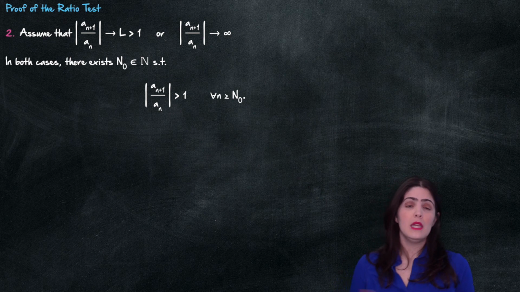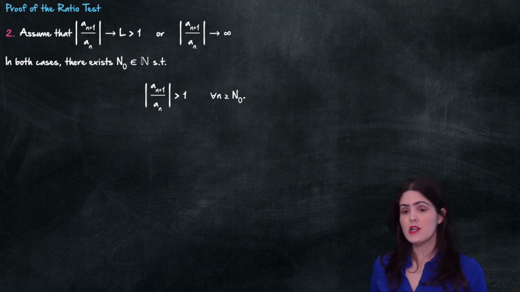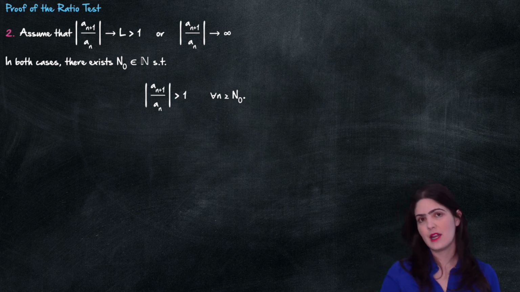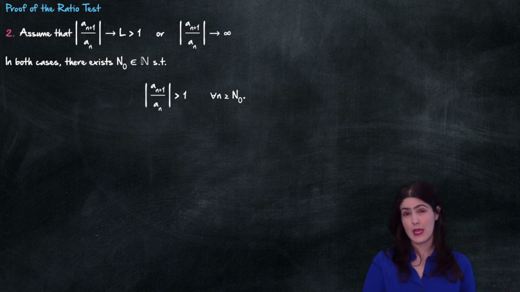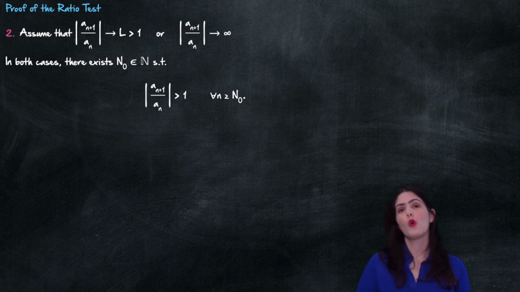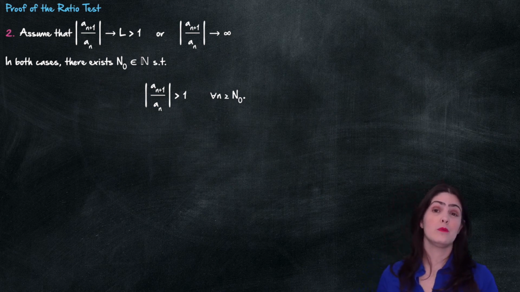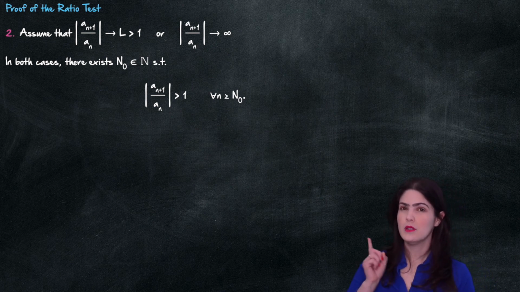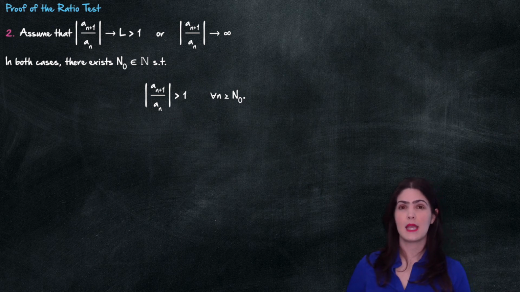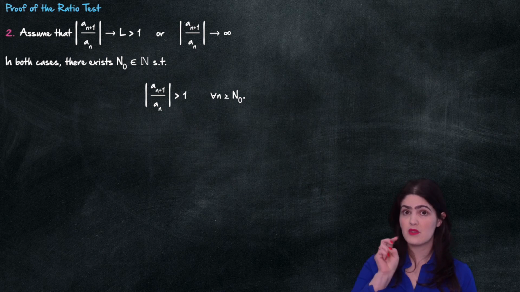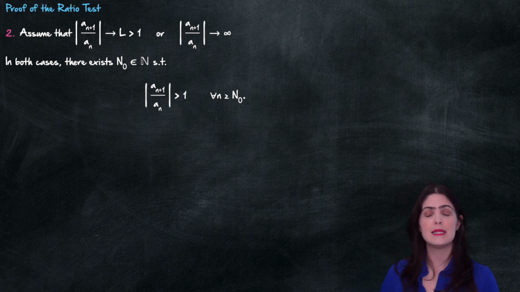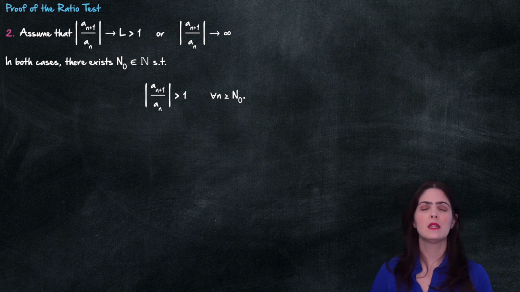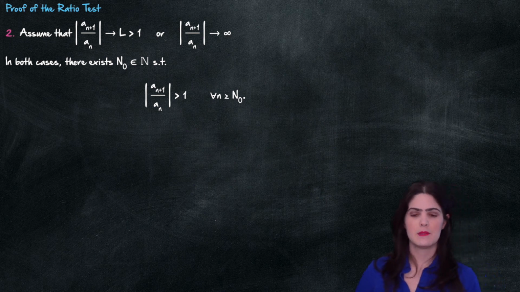Well, in both cases, I can find an n0 such that this ratio of the absolute value of a_{n+1} over a_n is bigger than 1 for all n greater than or equal to n0. Try to think about why this is the case. I'm sure you can write down a proof of this. For both cases, remember, you have to separate it into two cases and use the definition of limit, but I'm confident you can do this.